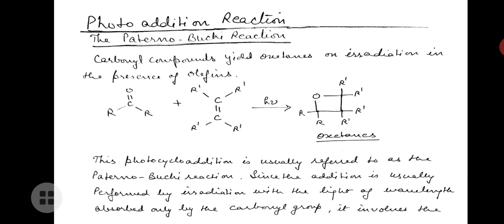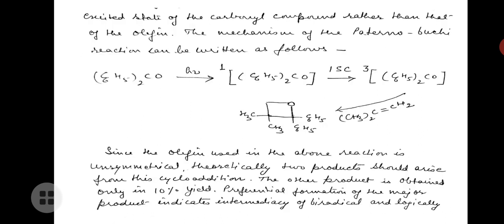Now this photocycloaddition is usually referred to as the Paterno-Buchi reaction. Since the addition is usually performed by irradiation with light of a wavelength absorbed only by the carbonyl group, it involves the excited state of the carbonyl compound rather than that of the olefin.